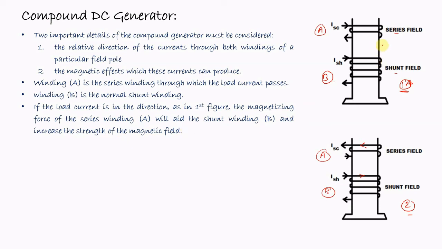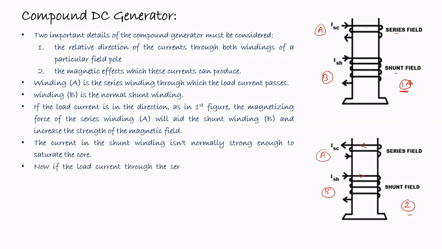Like in the first figure, when the current in both the field windings is in the same direction, the net magnetic field produced will be the summation of the magnetic fields produced by the individual field windings. The current in the shunt winding is not normally strong enough to saturate the core, so it is basically just to assist the series field winding.